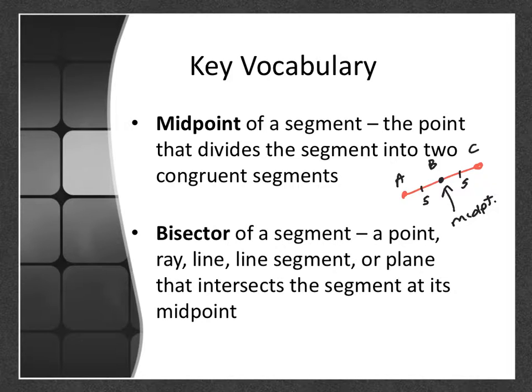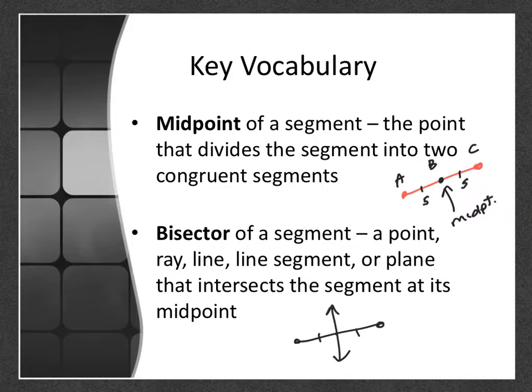Whereas a bisector can be a point, a ray, a line, or a plane that intersects a segment at its midpoint. So the bisector is technically a point. The midpoint is technically a bisector of that, okay? But a bisector can also be another line, a plane, a ray, okay? It can bisect only a segment though, right?